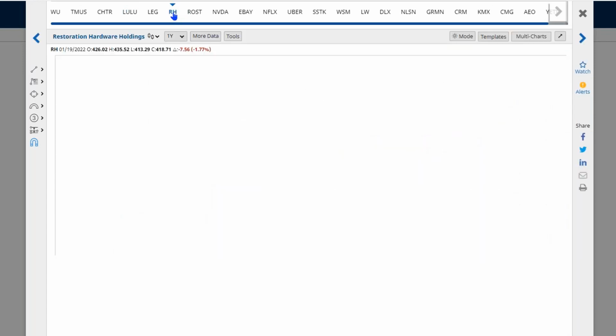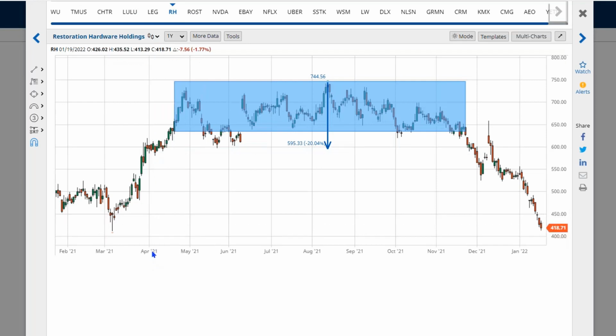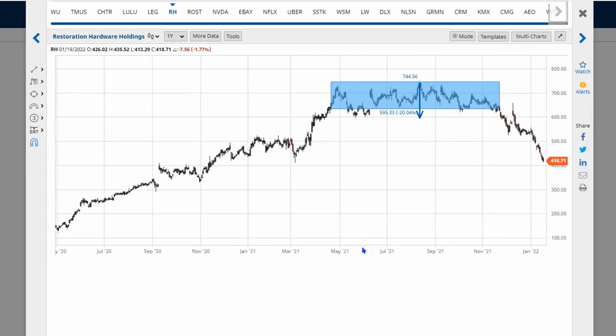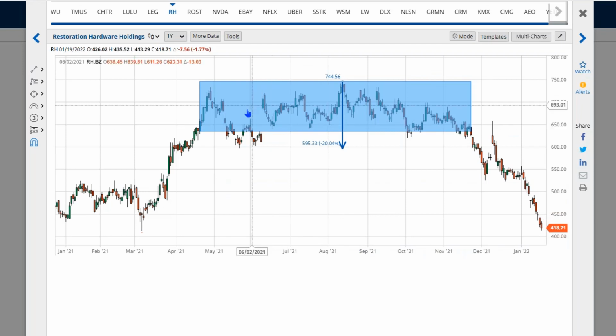Here's Restoration Hardware. Now, this is an interesting stock because this has been one of the darlings of Wall Street for the last 2 years. This stock has gone from $100 to $700 in a 2-year period. I mean, that is extraordinary gains. But there is our area of distribution.